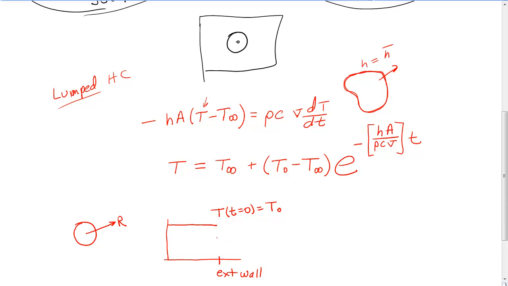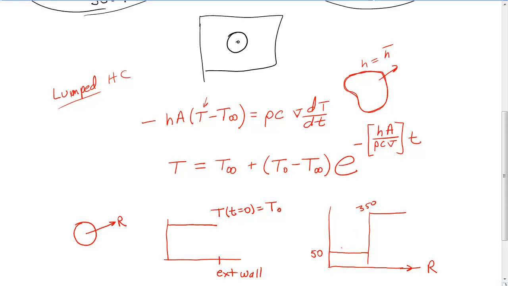Now you threw the turkey in the fryer, and let me do the plot a little bit differently. So here is 350, and say you put it in and the turkey was at 50 degrees. So at t equals 0, this is the temperature distribution as a function of r.